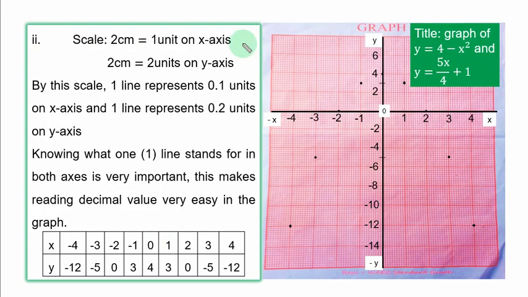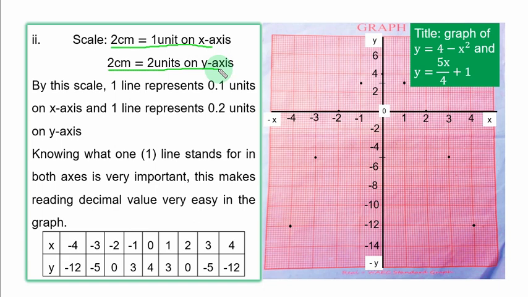So we are back to Roman figure 2, where we will construct the graph for the quadratic equation. We start by taking the scale 2 centimeters to 1 unit on the x-axis, 2 centimeters to 2 units on the y-axis.